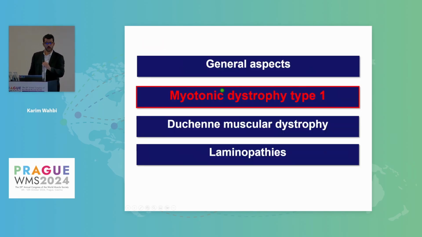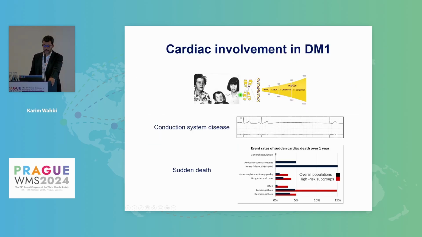So I'll move on now to myotonic dystrophy type 1 as an example of a condition at high risk for sudden death due to conduction defects. The main problem in DM1 is the prevention of the development of severe conduction defects, especially complete AV blocks, which represent the main cause of sudden death in this population, the prominent mechanism.